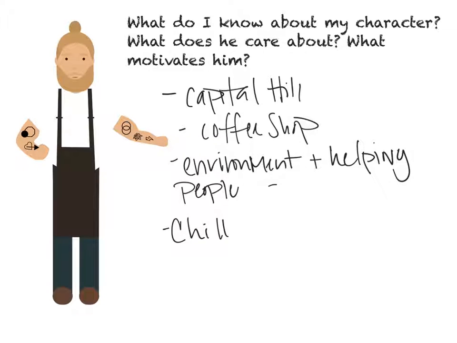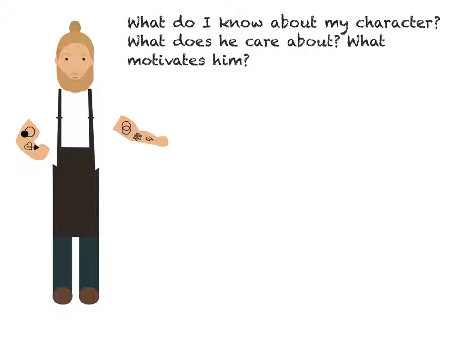So once I know who he is and what he cares about, a Capitol Hill, environmental, yogi, chill dude, who is my main character? Because that's going to help me think about which point of view I want to choose. My character is really going to help me decide which point of view to choose.